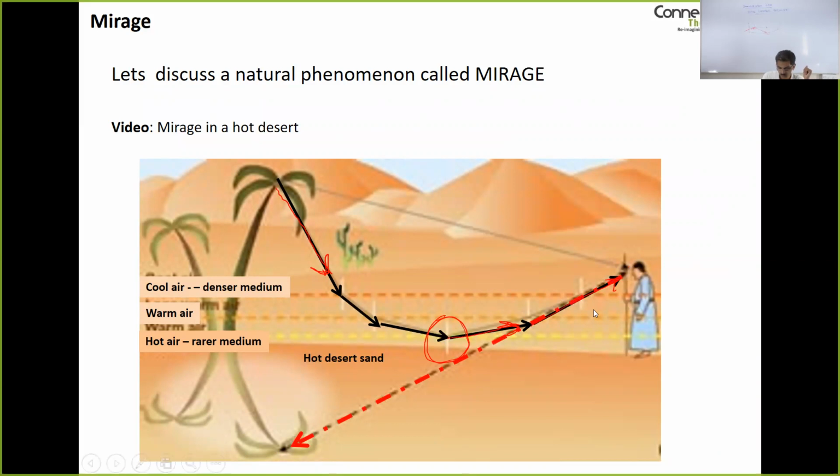So what he's seeing is an image of the tree because of total internal reflection. And why did it happen? It happened because a ray of light starting from the tree got refracted, totally internally reflected here, and then ends up in the man's eye, causing him to think that there is a reflection of the tree in the sand. This is a natural phenomenon explained by total internal reflection.